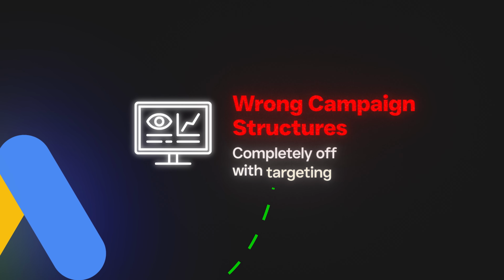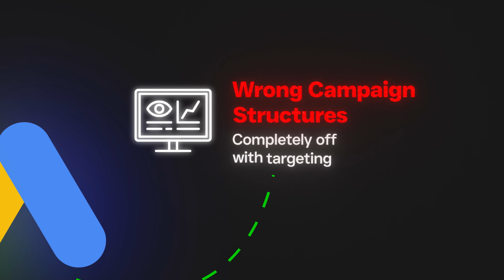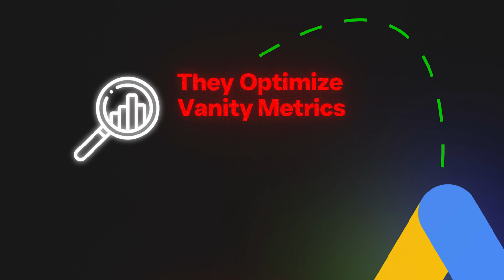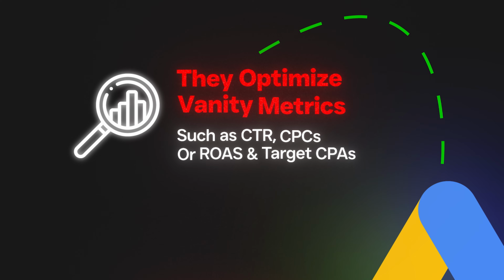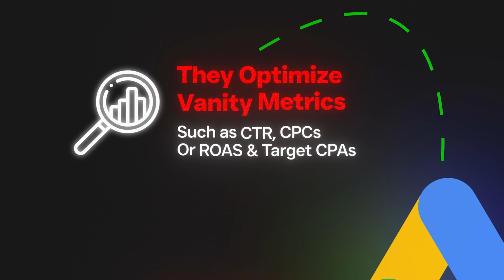On the other hand, things such as a campaign structure that's completely off, that's completely derailed from what actually works within your niche and industry, which causes your brand to go after low buying intent or a medium buying intent at best type of audience. And the fourth and most common reason why I see brands struggle with profitability with Google Ads is they optimize for vanity metrics such as CTRs or CPCs or even the ROAS or target CPA when they should rather be focused more on things such as search impression share or click share.